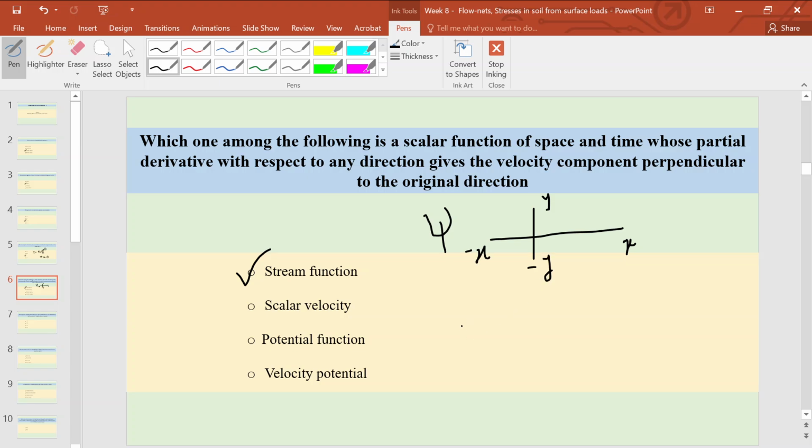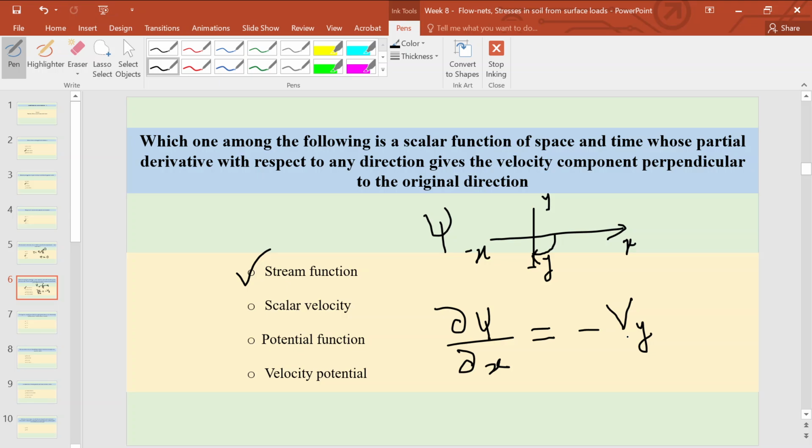When we talk about the partial derivative of this function with respect to the x direction, it gives the velocity component perpendicular. It will go clockwise. This partial derivative will transform it clockwise into a velocity component that is negative Vy.